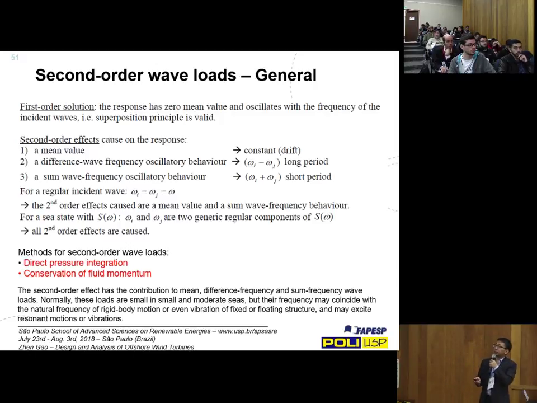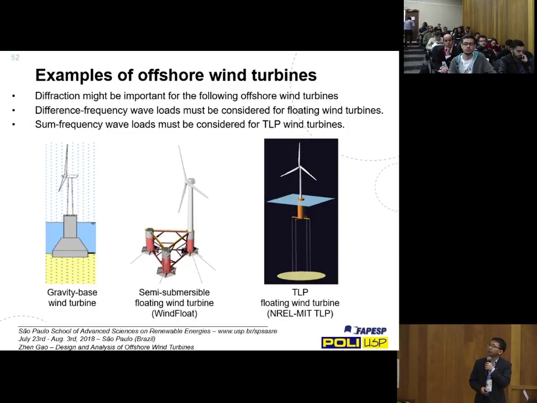And if we consider regular waves with two frequencies, you may have sum frequency and difference frequency load components. And these low frequency components, as I mentioned, will give excitation for the resonant motion of the moored structures. I will not go into details, and there is very well developed commercial software to predict wave loads on floating structures.